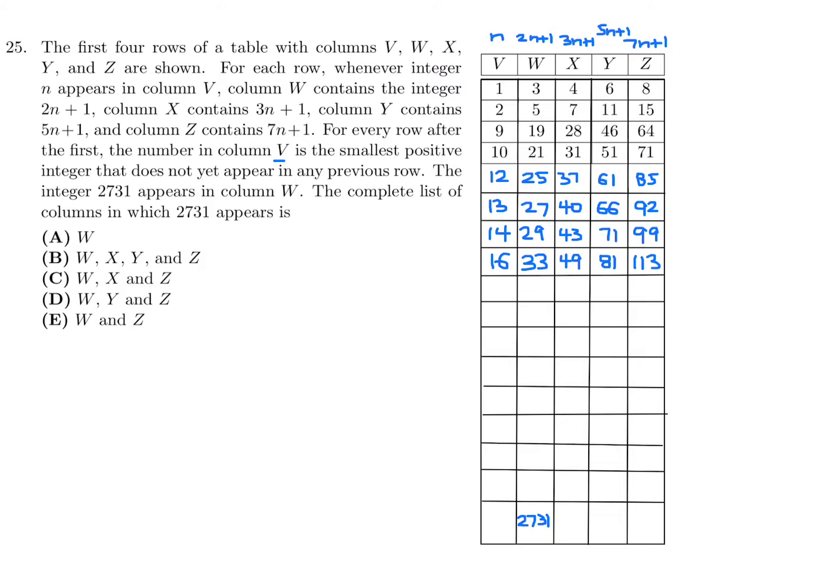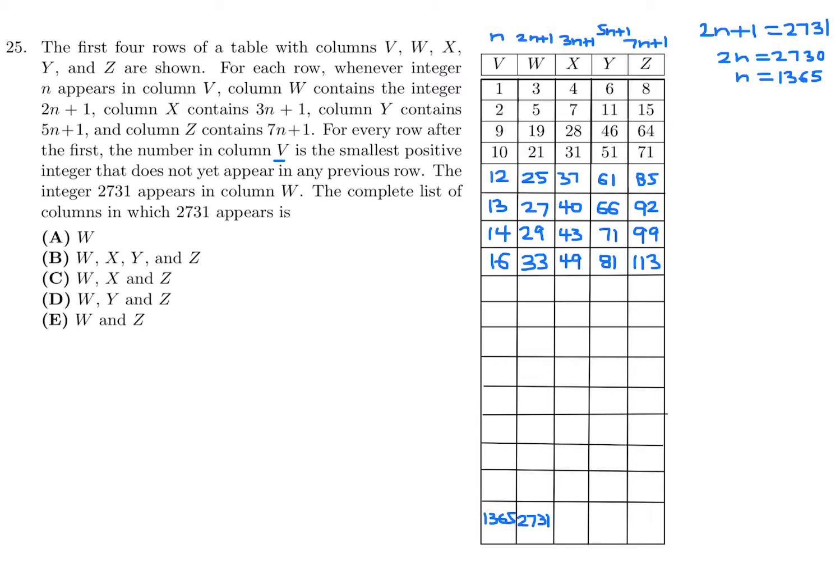Well, 2n plus 1 is equal to 2731, right? So that means 2n is 2730, and therefore n is equal to 1365. Okay, 1365 goes there. All right, so that is pretty much all we can do with that one.